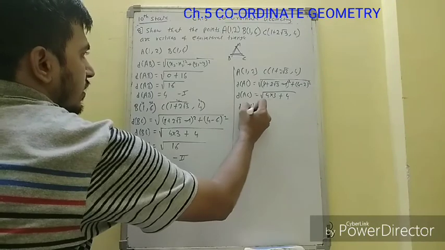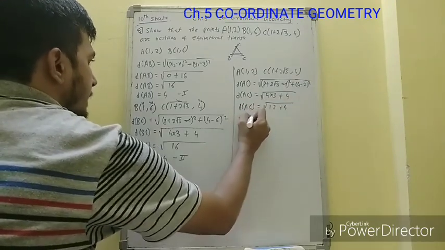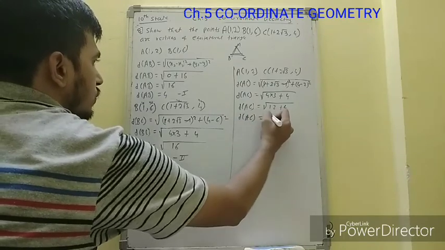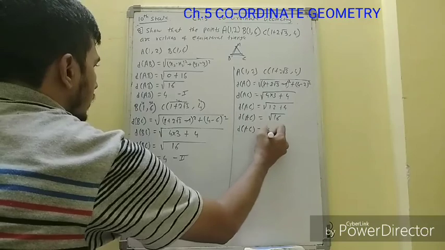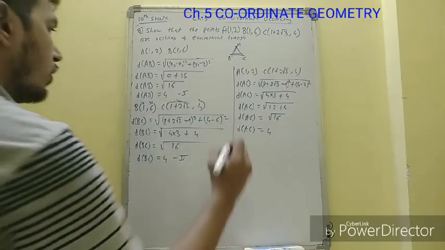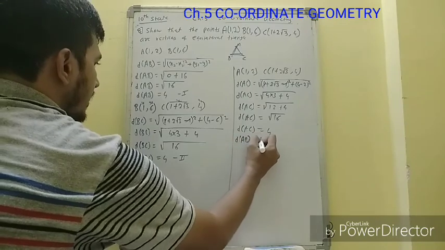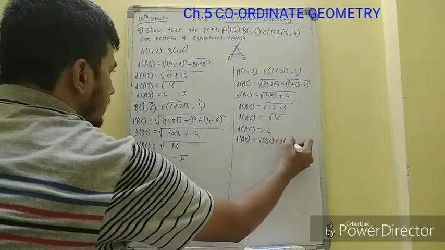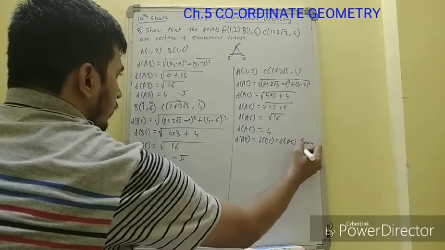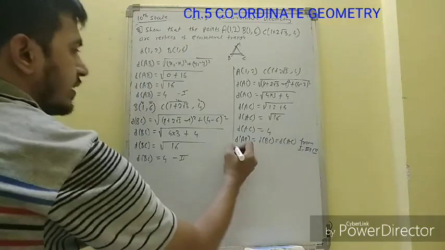So distance AC is equal to 12 plus 4. Distance AC is equal to square root of 16. Distance AC is equal to 4. Therefore all the sides are 4. So I can say that distance AB is equal to distance BC is equal to distance AC from 1, 2 and 3.